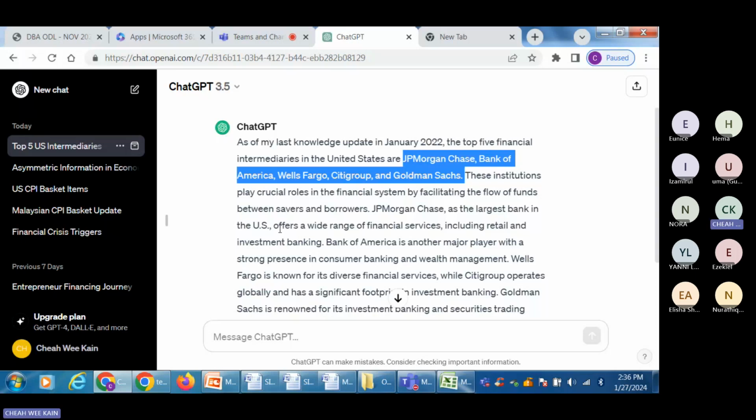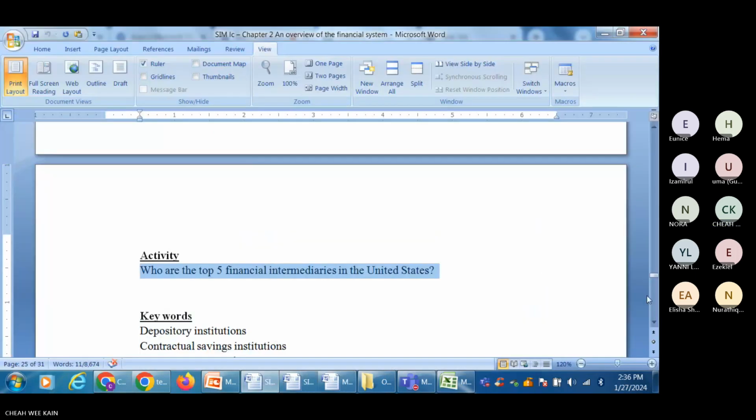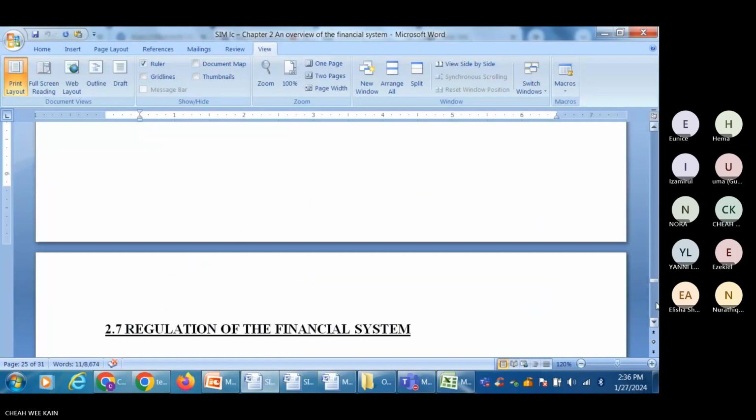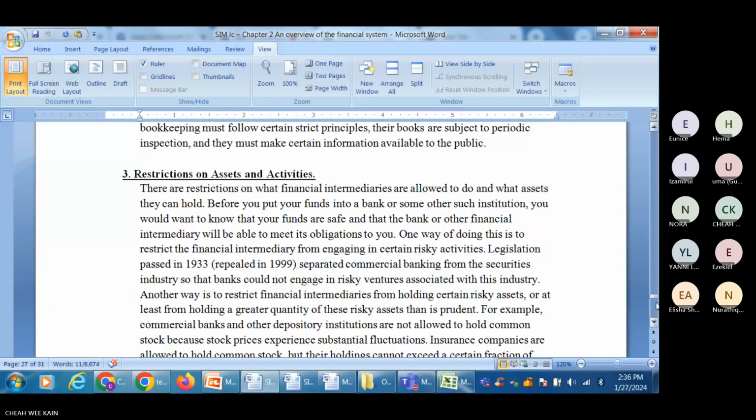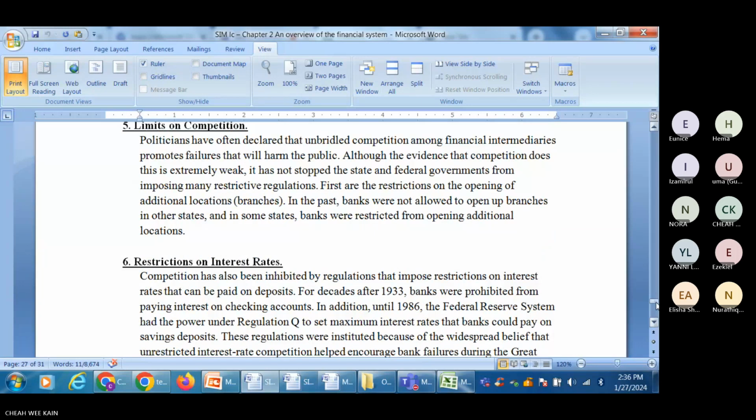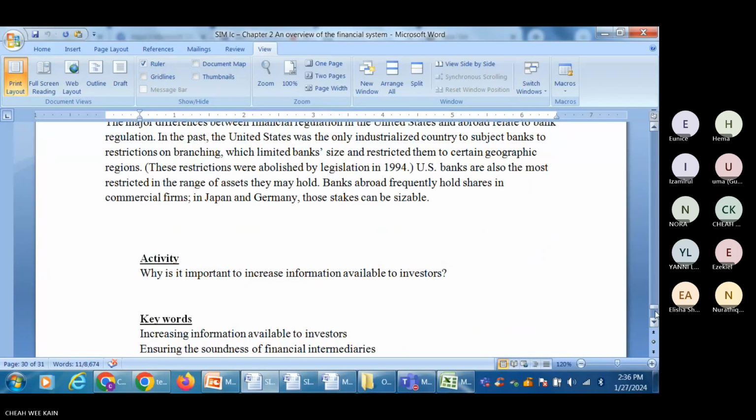Okay, now what else? Regulation. Why is it important to increase information available to investors? So that when there's a lot of available information, investors can choose and decide correctly.